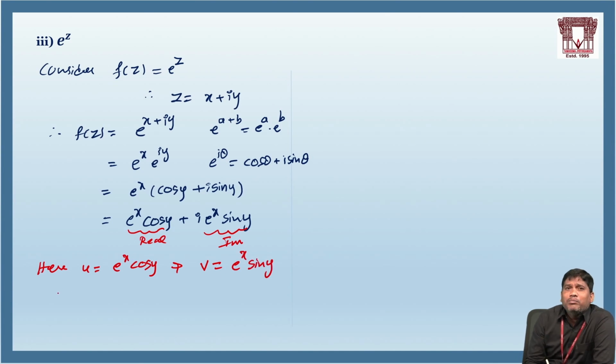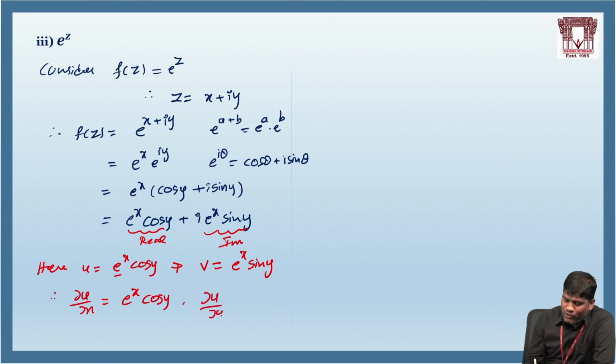Now we have to write the partial derivatives of these functions with respect to x, then with respect to y. Dou u by dou x is e power of x into cos y. Derivative of e power of x is the same as e power of x, so dou u by dou x is the same as the u here.